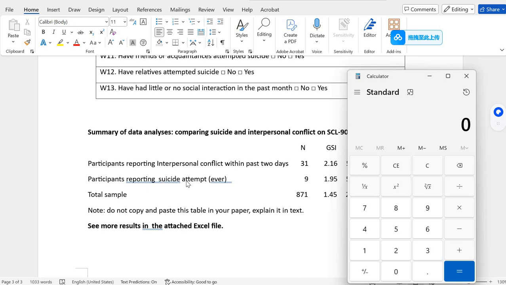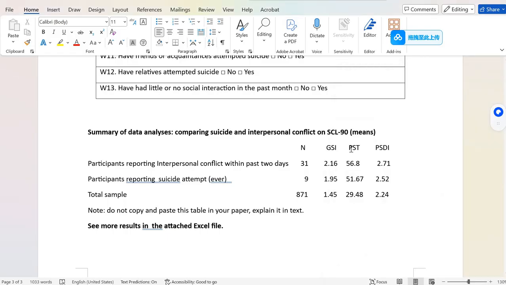And what about those who had suicide attempts? 1.95 divided by 1.45. That's even lower. 1.34 times as high. That's a proportion difference on GSI. But what about positive symptom total?